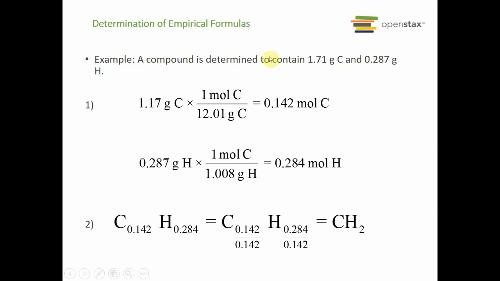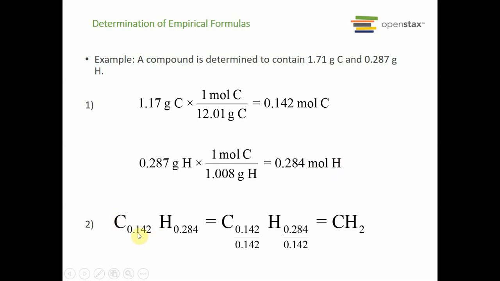A compound is determined to contain 1.71 grams of carbon and 2.87 grams of hydrogen. So the first thing we do is we take the 1.71 grams of carbon and divide it by the atomic weight of carbon, and that gives us the number of moles of carbon. And we take the 2.87 grams of hydrogen and we divide that by the atomic weight of hydrogen, and that gives us 0.0284 moles of hydrogen.